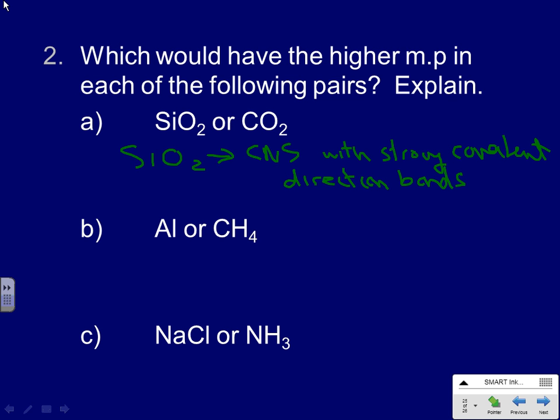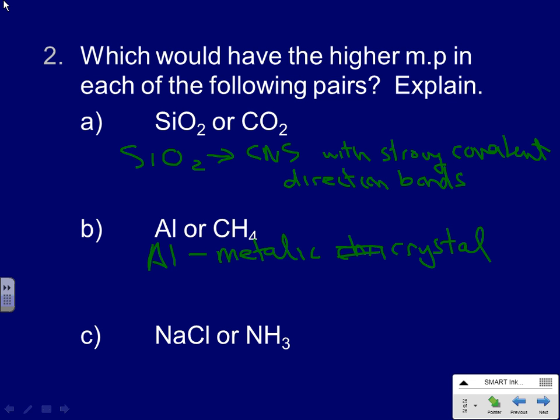Not even a chance. Al or CH4? Which has a higher melting point? Aluminum. Aluminum is a metallic crystal. I can't spell crystal this morning. Again, it's got a strong electron sea holding those electrons together.